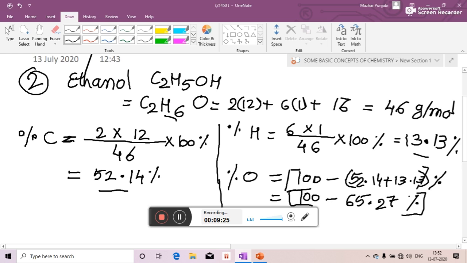That is equal to 34.73 percent. So in this way we have found the percentage of all the 3 elements present in ethanol.